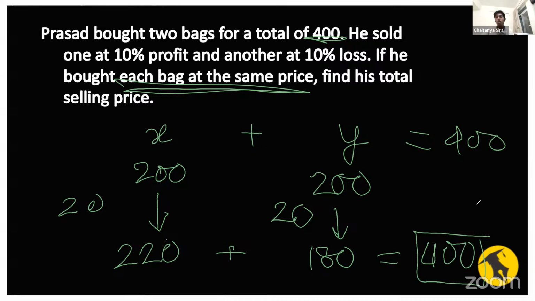We solved one question where we first increased 10% and then decreased 10% and got a different value. But in this case, it's the same. The total selling price is still 400. So the 10% profit on one bag has been nullified by the other.